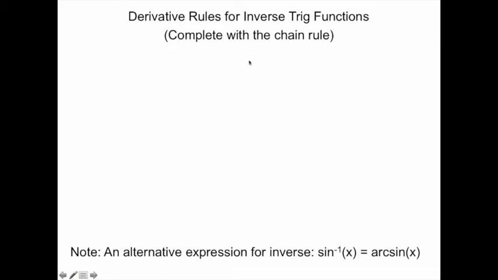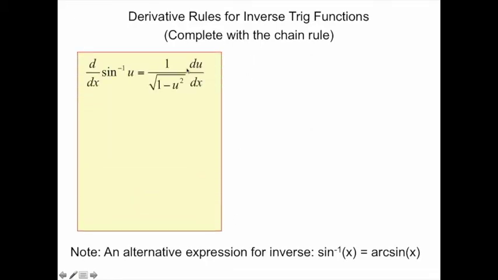So here are the derivatives of the inverse trig functions. Here's the sine function that we did. Notice now I've changed the variable to u so that we can go through the chain rule of taking the derivative of the inverse sine if we have an inside function.